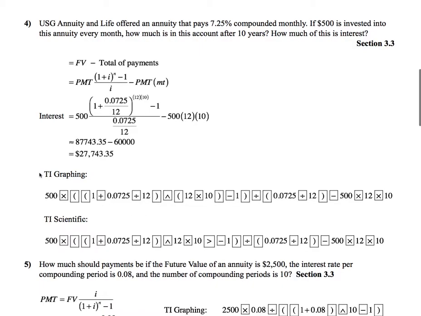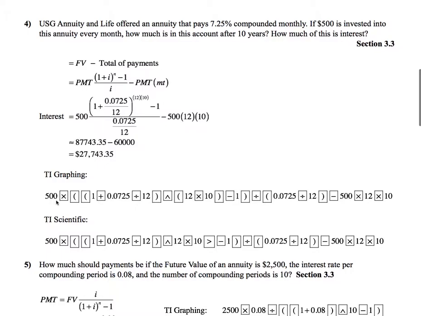So in any case, for a graphing calculator, you would enter 500 multiplication. The first parenthesis is for the numerator. Then the second parenthesis is for this expression right here that is then going to be raised to this exponent.